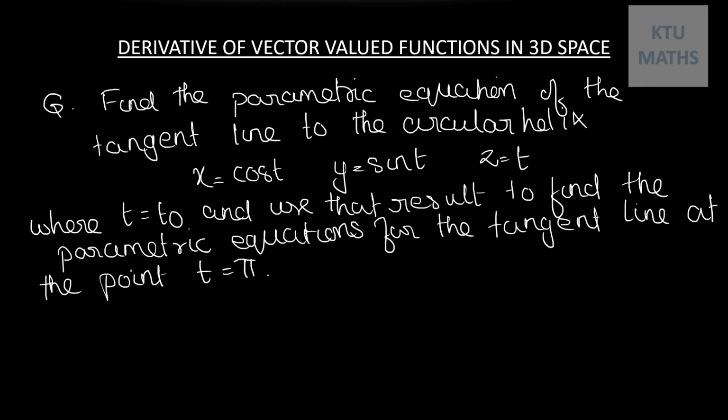Now what we have here in this question is interesting. We have already been told that this is the parametric form of a circular helix. It's also given that t is equal to t0, and we have to use that result to find the parametric equation of what? The tangent line at t is equal to pi. Now let us do it.